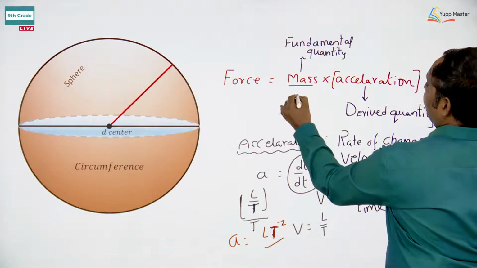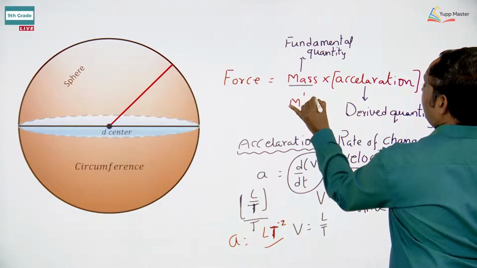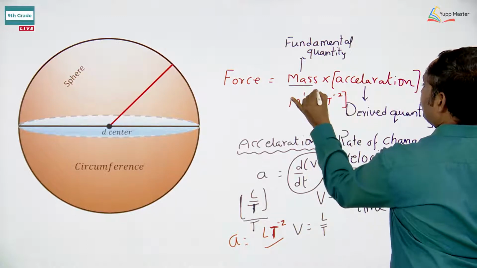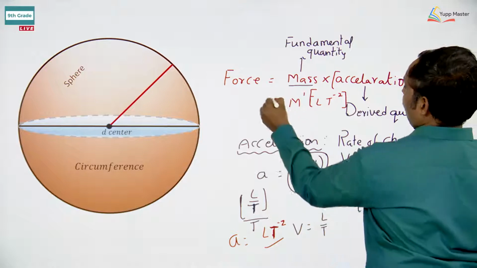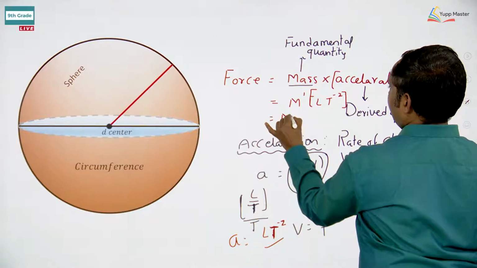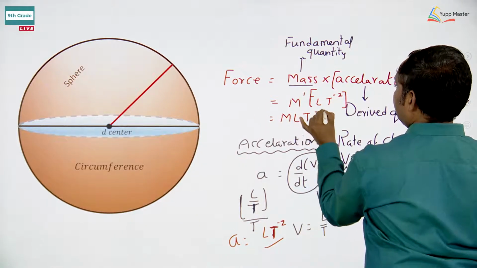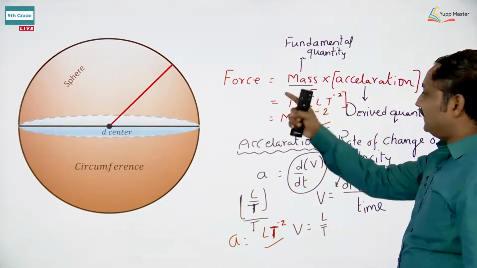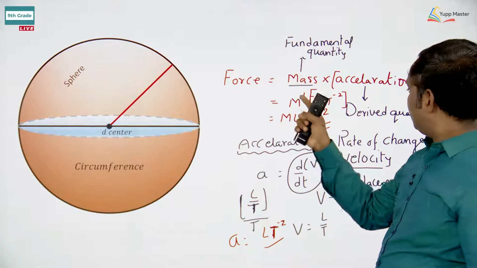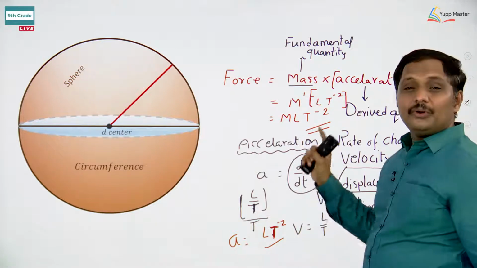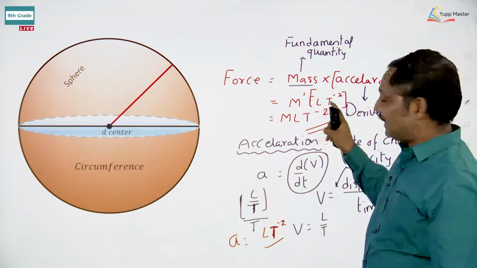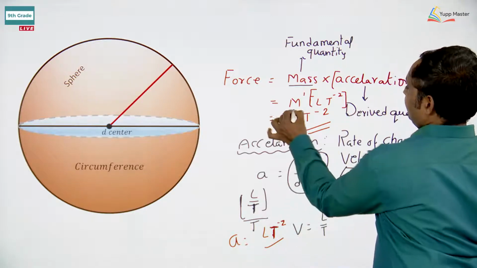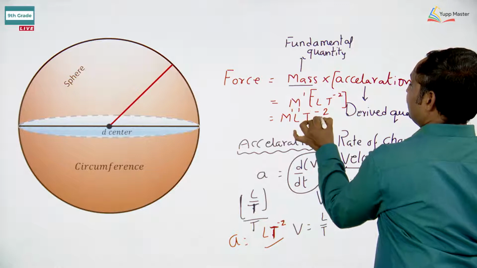With mass, this is M power 1, and L into t power minus 2. Right. Now it is clear, that is M L t minus 2. Very clear. You can easily identify this one. What about the dimension of mass? What about the dimension of length? What about the dimension of time? That is, this is 1, this is 1, this is minus 2.